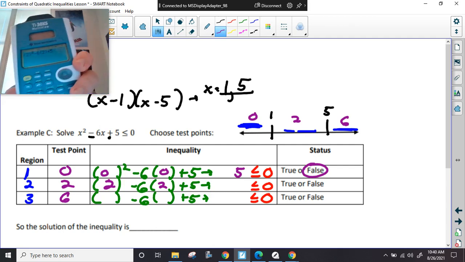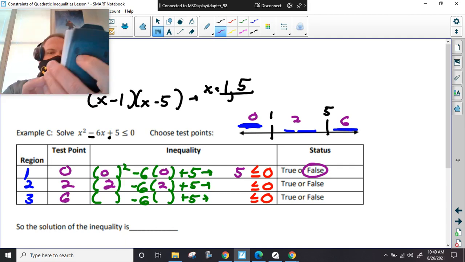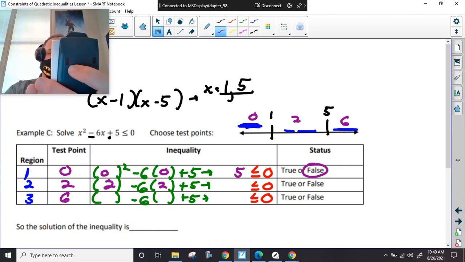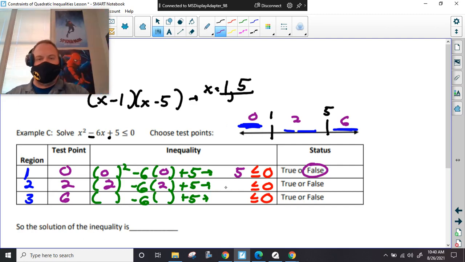I get negative 3. Is negative 3 less than or equal to 0? Yes. So this one we get a yes. This one, no. It's a frowny face.